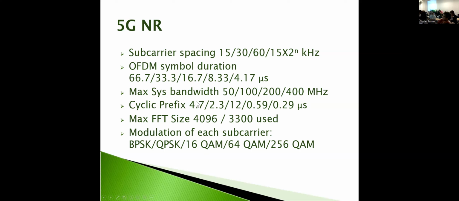Cyclic prefix, that we talked about earlier, is a fraction of the OFDM symbol duration. So there's actually both a short and a long cyclic prefix. The idea with setting the cyclic prefix is that it should be long enough to cover the delay spread in a typical channel, right?